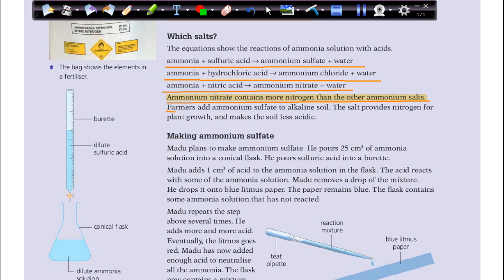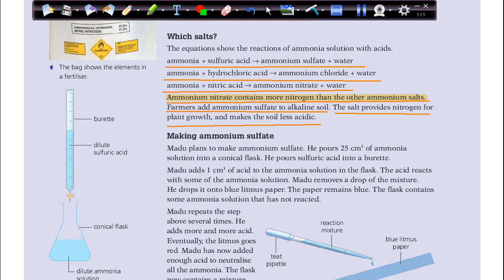Farmers add ammonium sulfate to alkaline soil. The salt provides nitrogen for plant growth and makes the soil less acidic. So here farmers add the ammonium sulfate to alkaline soil.